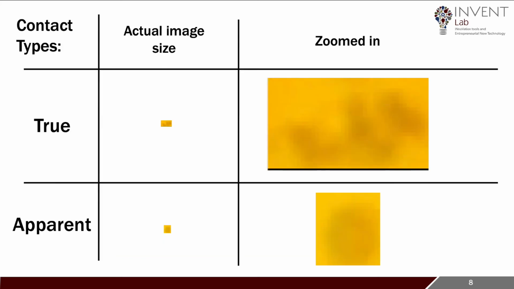We can see that true contact can generally be distinguished by two primary features. One is that it has a variety of wispy shapes, and they also tend to have significant gradients in their shading. Wet contact, or apparent contact, on the other hand, tends to take on rounder shapes because it's a liquid and it needs to maintain its surface tension.